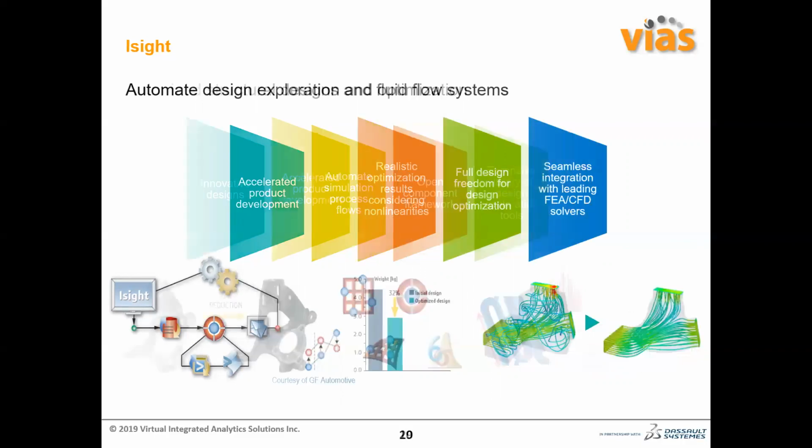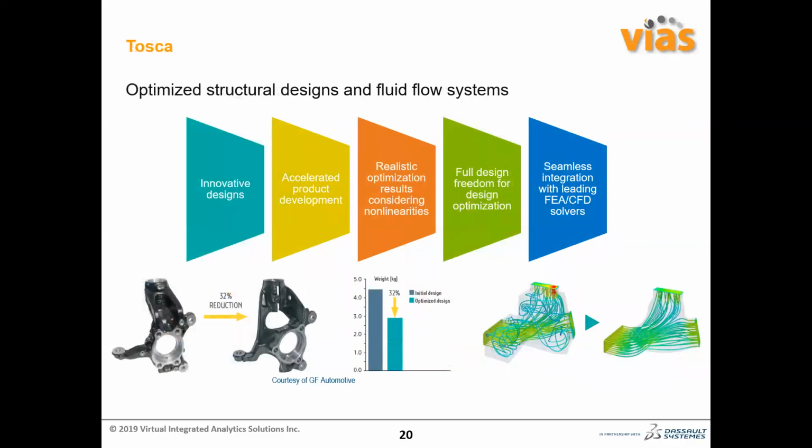And Tosca is a non-parametric optimization solution, and Tosca is mainly having four different kinds of suites. I'll be showing that on a later slide.